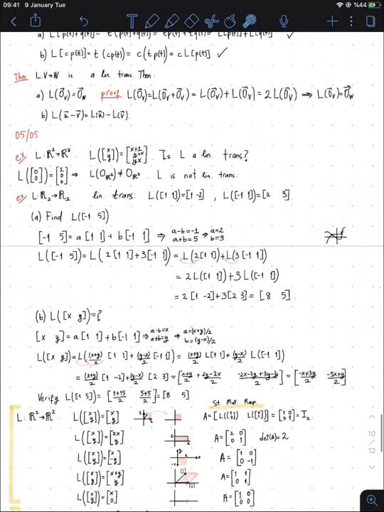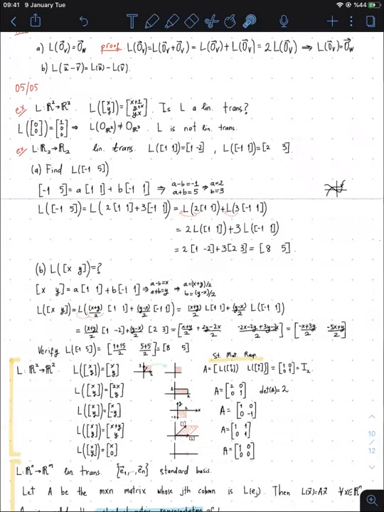Then what did we do? We talked about something called the standard matrix representation of linear transformations.